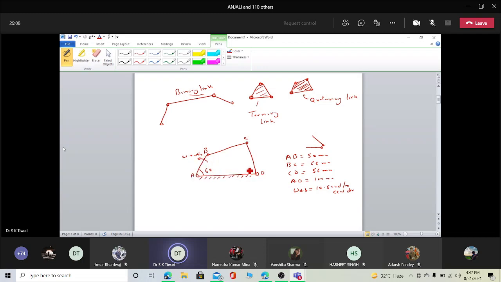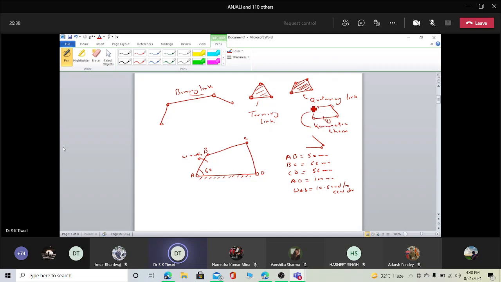Now see अगर मैं कई सारे बाइनरी लिंक्स को लूं, जैसे इसमें 4 हैं, let's take 4 binary links and just join them. It will be known as a kinematic chain. ये सब मैं दोबारा रिविजिट करूंगा, लेकिन यहाँ थोड़ा सा जरूरत है इसलिए मैं आपको बता रहा हूँ. Okay. In case of a kinematic chain, what you will find is that each link is at least a part of 2 pairs.